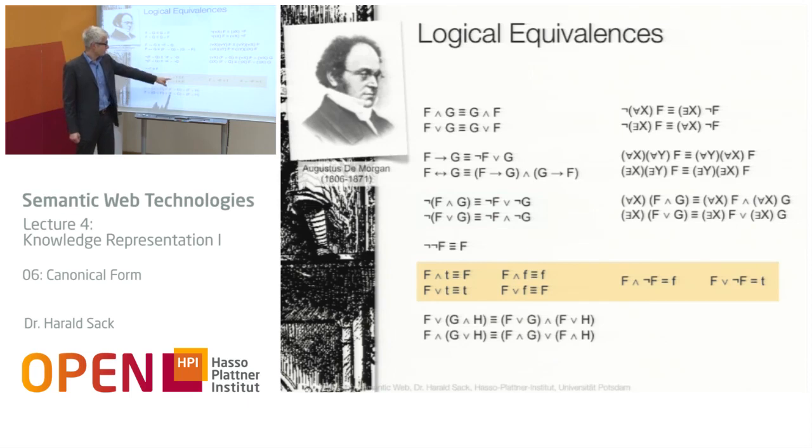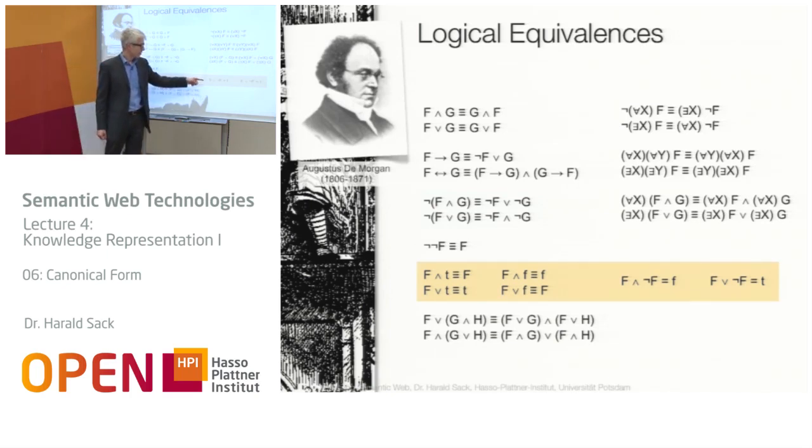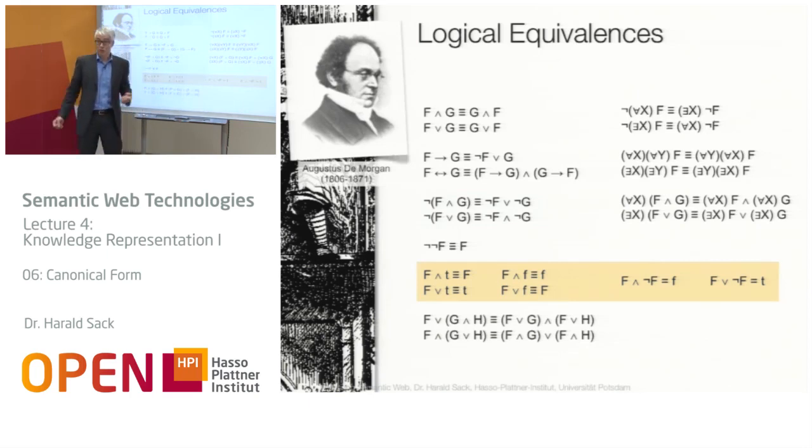And a conjunction with the truth value false will be false, and a disjunction with the truth value false will be the value of the original variable F that you have here. And of course, F and not F always computes to false, while F or not F computes to true.